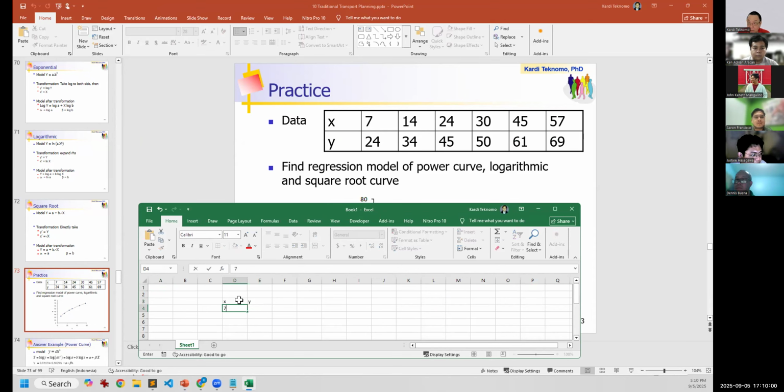X: 7, 14, 24, 30, 45, and 57. Is that correct? Next, Y: 24, 34, 45, 50, 61, and 69. So this is the data that we have.